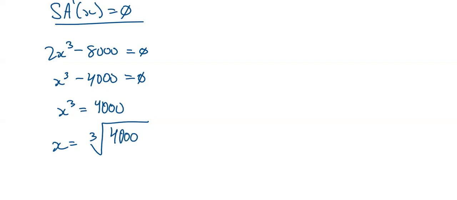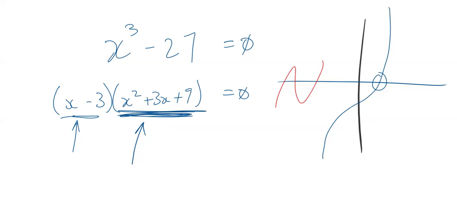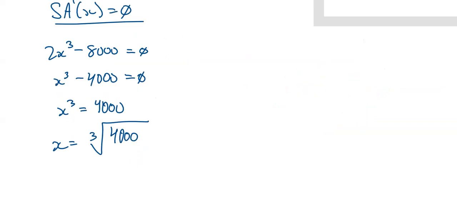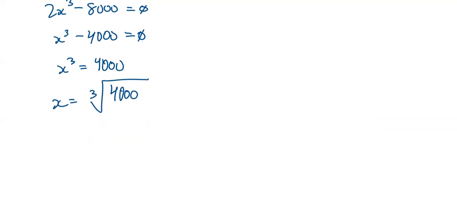But the point is, some people might wonder, if I do this, aren't I losing those other solutions that would have come from that other part? But you're not. So it's fine to do that, and it's actually efficient, and it's the right way of doing it. This works out to about 15.87.